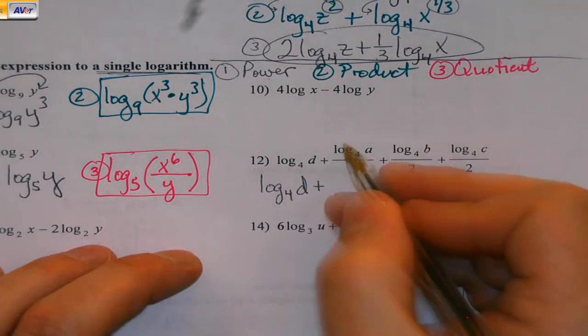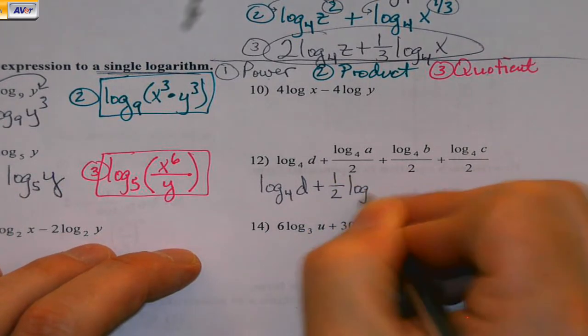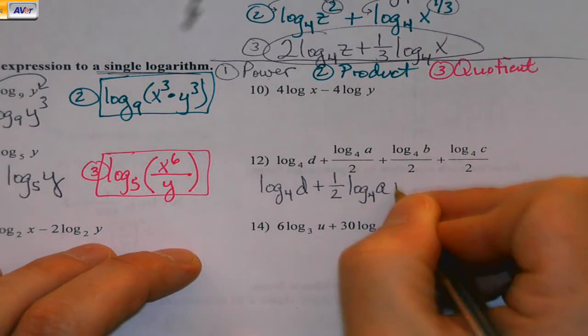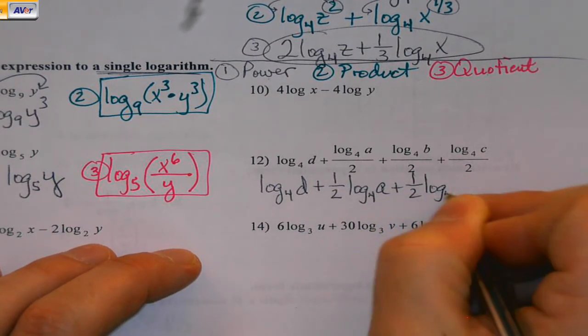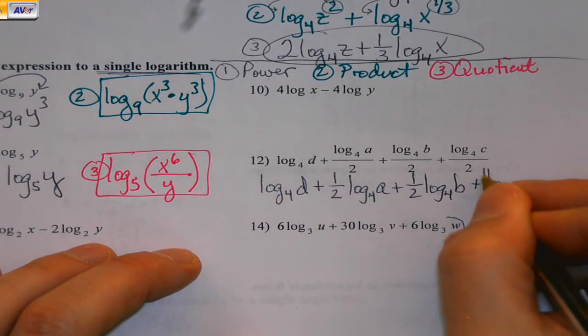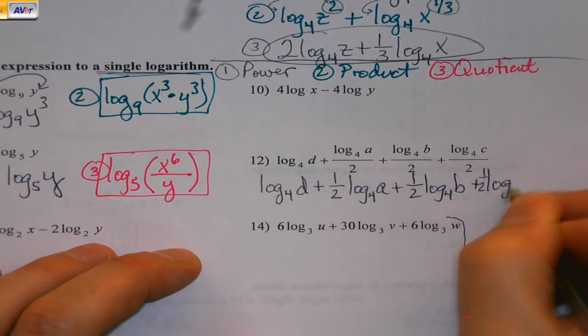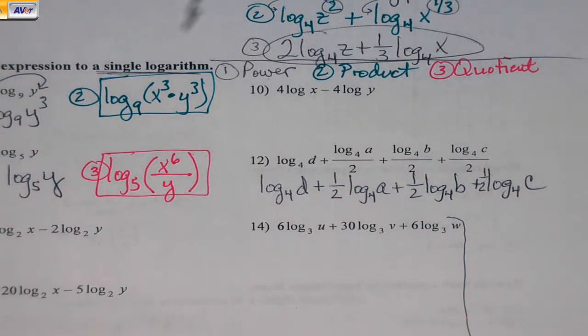Because when I take something and divide it by 2, it's the same thing as multiplying it by a half. And that is going to go along with what we're doing much better than leaving it in that fractional form.